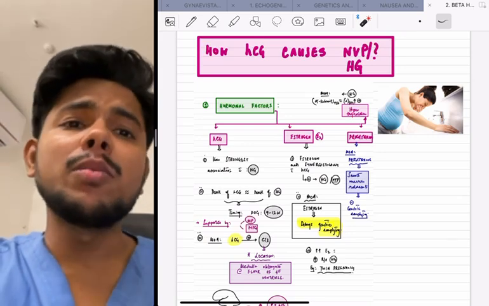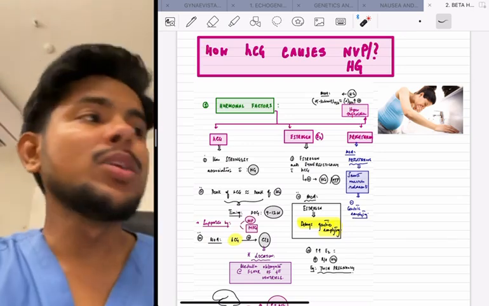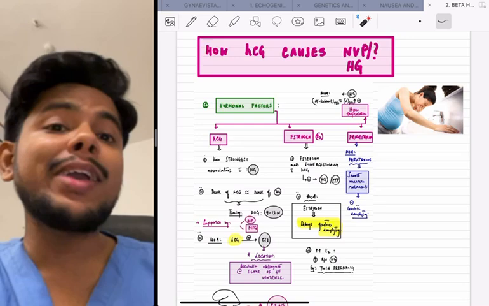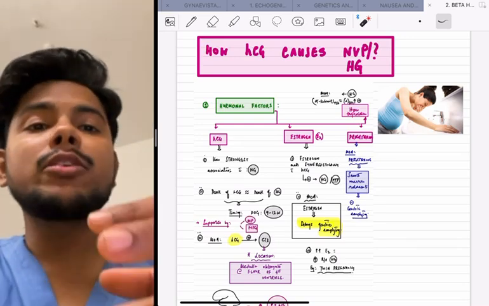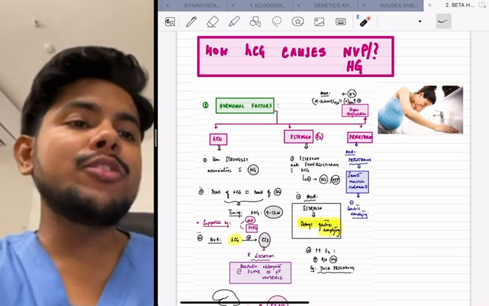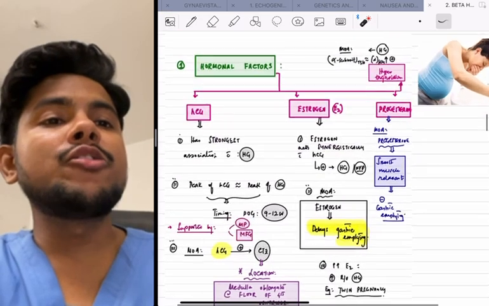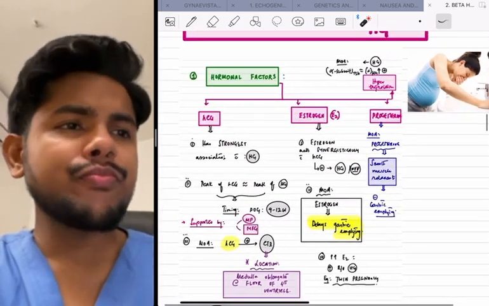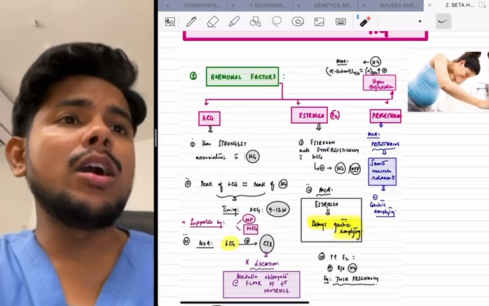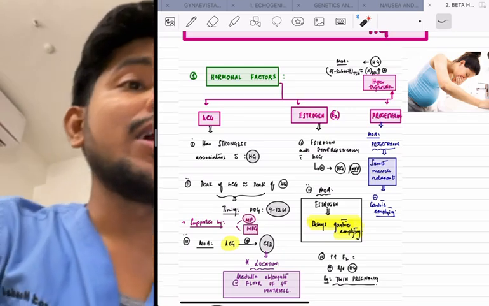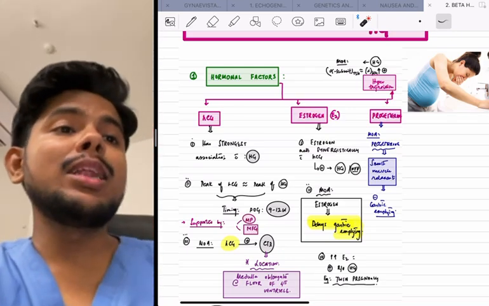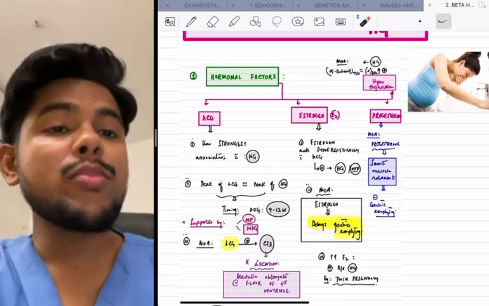So we have hormonal factors, genetic factors, GI factors, infections, immunological factors, a lot. But let's understand how it really causes nausea in pregnancy as well as hyperemesis gravidarum when the level of hCG is very, very high.